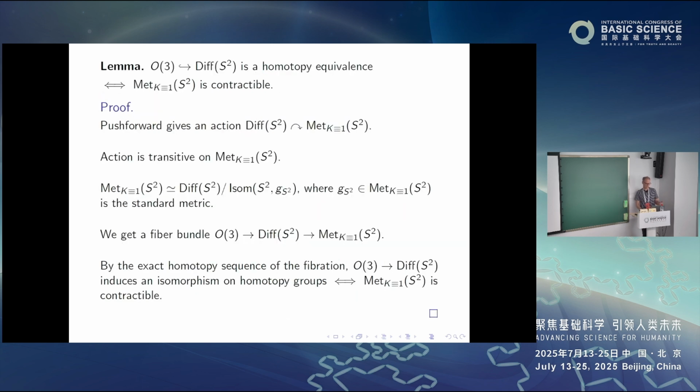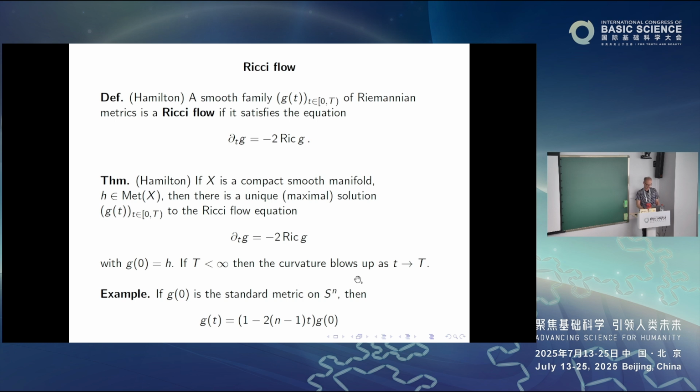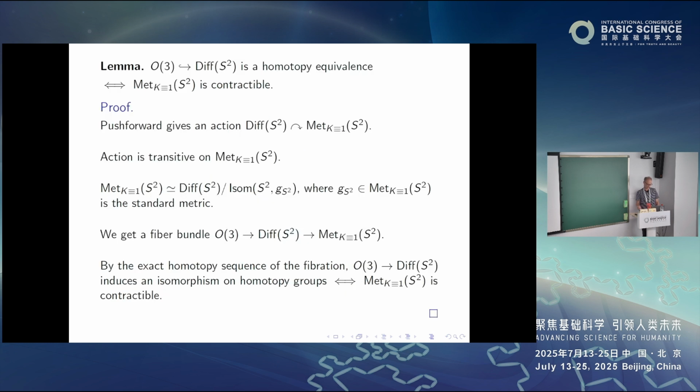Okay, so now we have this fibration, and so just from the exact sequence of the fibration, the inclusion of the fiber into the total space gives you an isomorphism on homotopy groups if and only if the base is contractible.